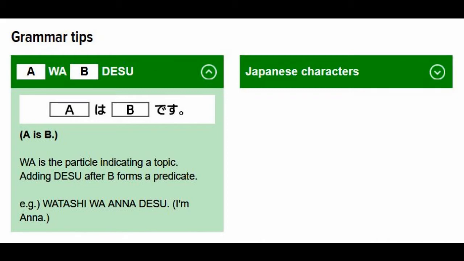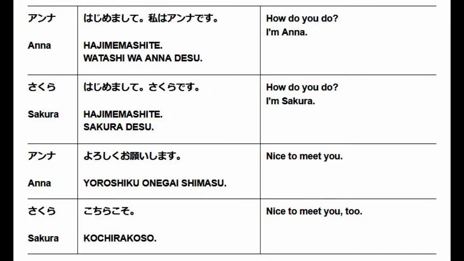Wait a second, can you explain what a topic is? Well, it's the topic of a conversation, or what you're talking about. The topic can either be the subject of a sentence or not. In this sentence, 私, or I, is the topic and also the subject as well. アンナ is Anna.